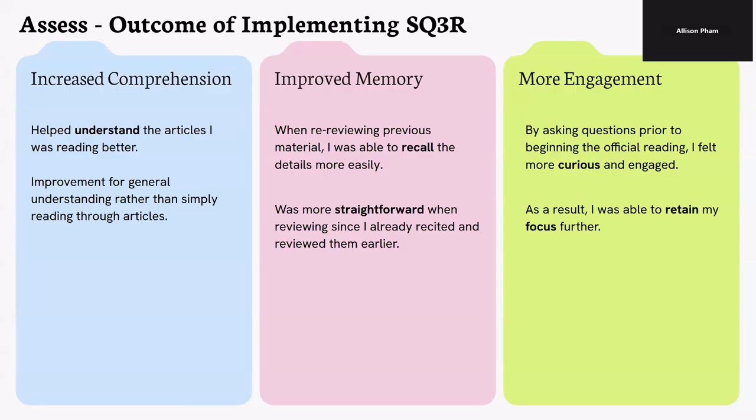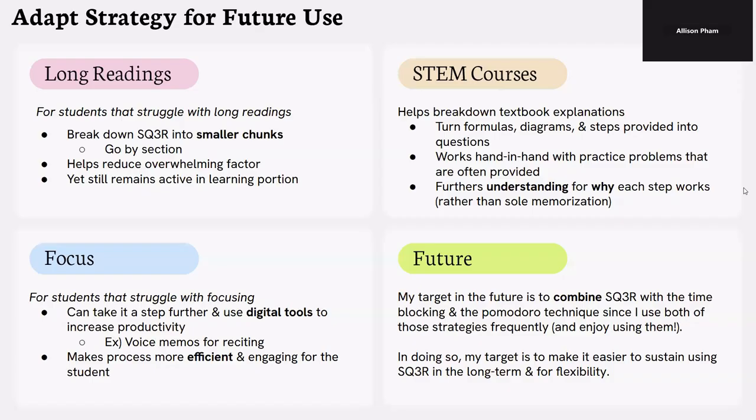It allows for me to reassess previous material, and I was able to recall details more easily, meaning that it was more straightforward. And next up, for engagement, through asking different questions, I was able to be more engaged with the content, meaning that I was able to retain my focus more strongly.